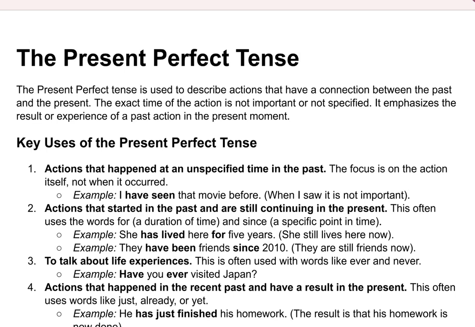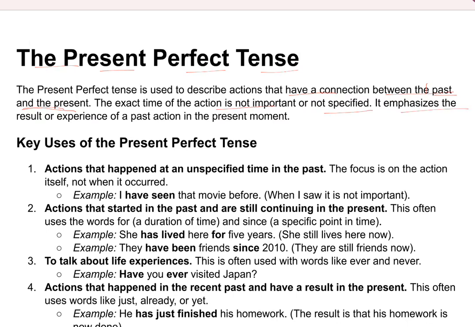First of all, we see the definition of the present perfect tense. The present perfect tense is used to describe actions that have a connection between the past and the present. These two keywords are very important, past and present. It means we use the present perfect tense when describing an action which has a connection between the past and the present. The exact time of the action is not important or not specified.